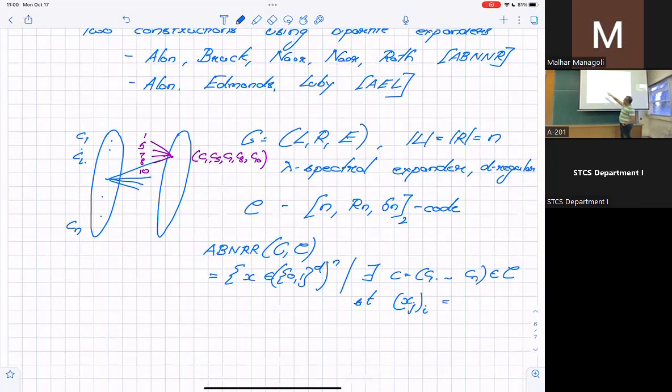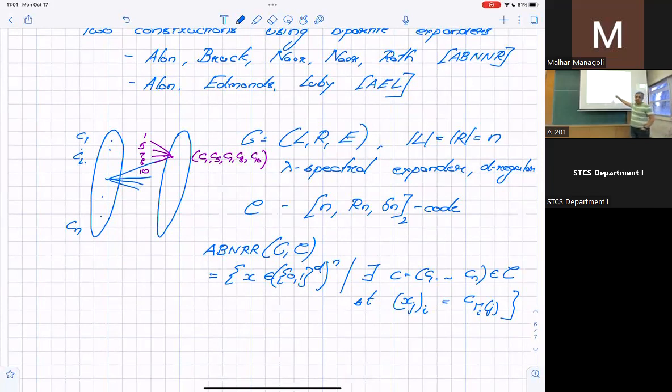It should exactly be C at the gamma-ith neighbor of j. So if there exists one single code word such that this happens, this is just a representation.